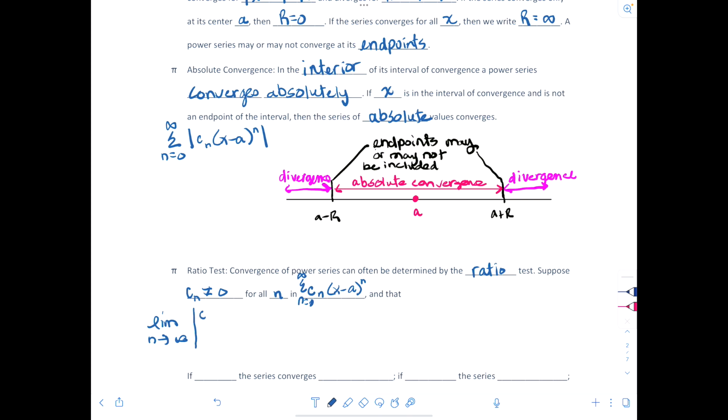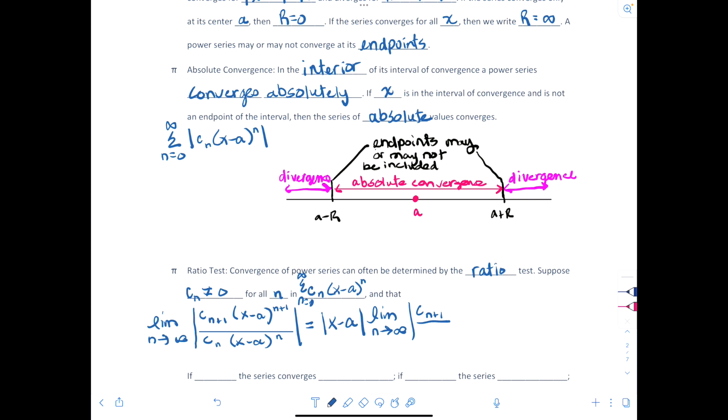So you have c sub n plus 1 times (x minus a) to the n plus 1 over c sub n times (x minus a) to the n in absolute value, which is equal to the absolute value of x minus a, which are not part of n, the n that's going to infinity, so they can be brought out, times the limit as n approaches infinity of the n plus first term of that coefficient sequence to the nth term, that ratio.